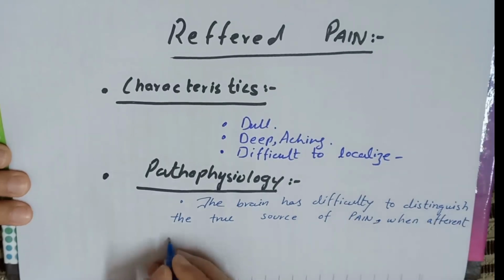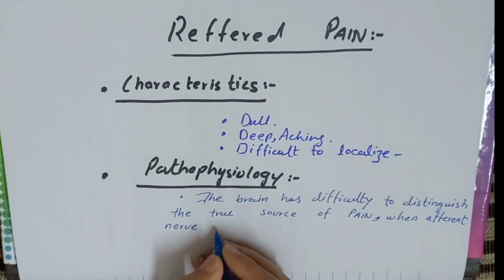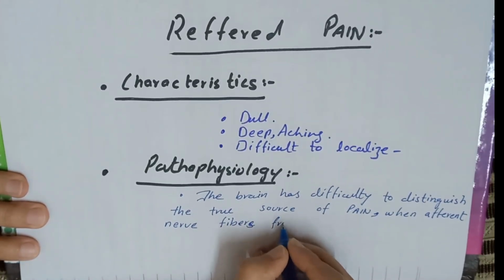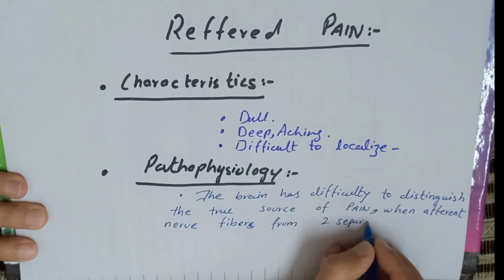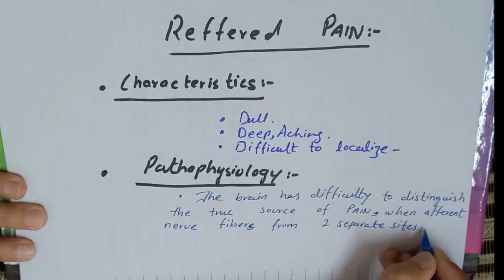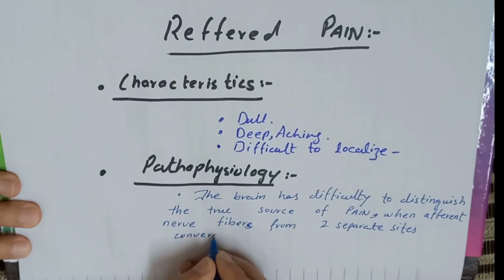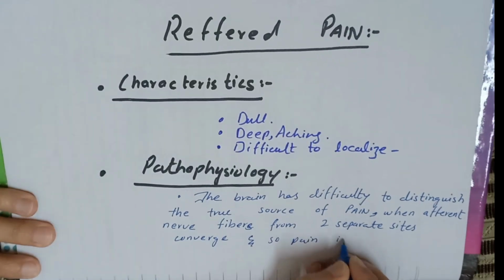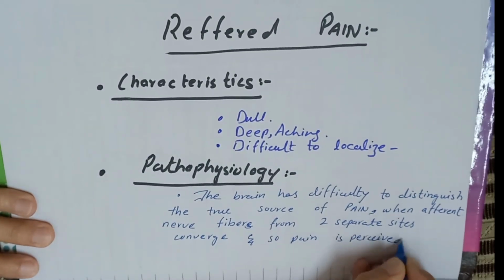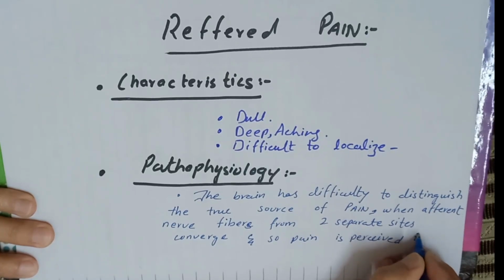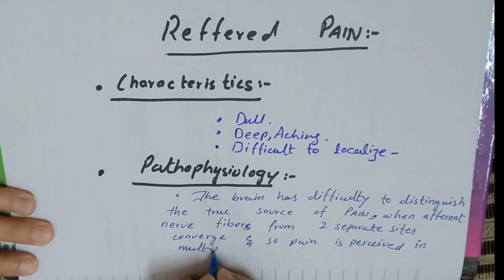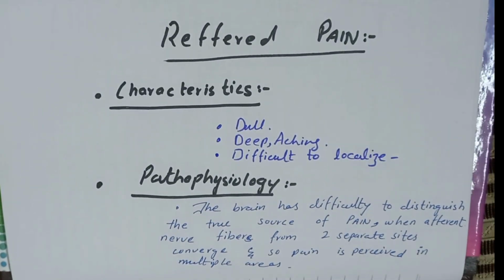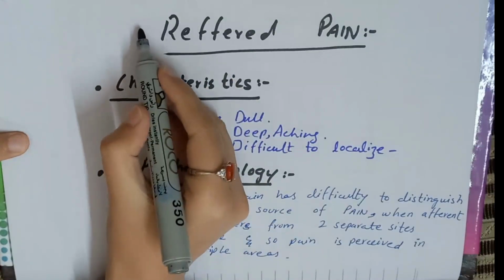When afferent nerve fibers from two separate sources converge, and so pain is perceived in multiple areas. So this is the pathophysiology of referred pain plus characteristics of referred pain.